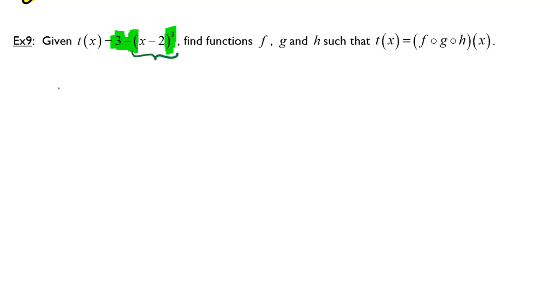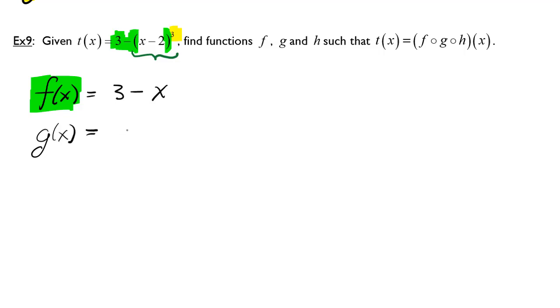So we're going to break this up so that the outermost function f of x is equal to 3 minus x. My next layer is going to be this cube. So g of x is equal to x cubed. And then my last layer is the inside.